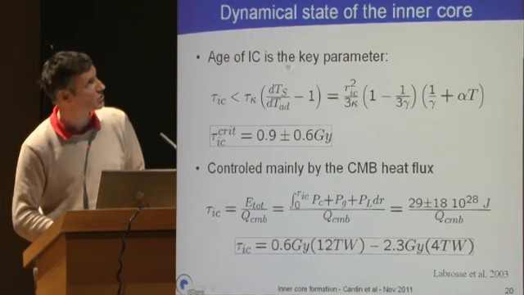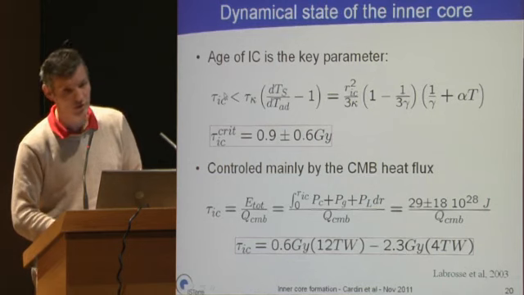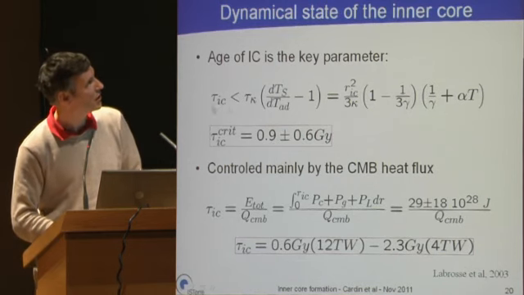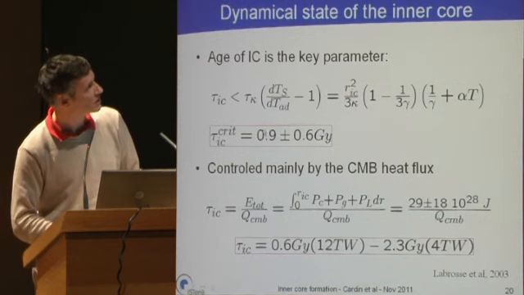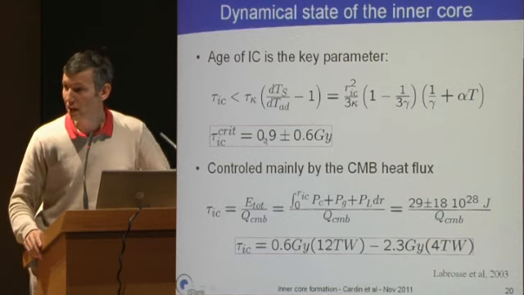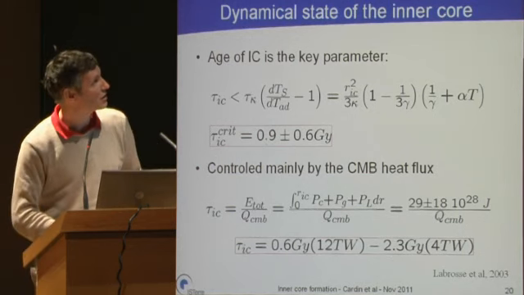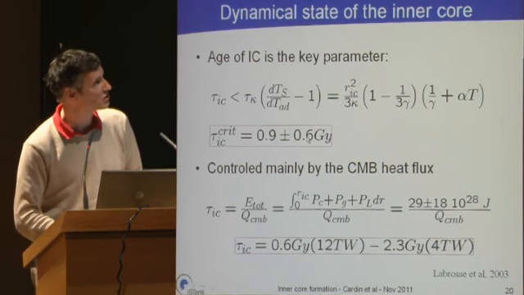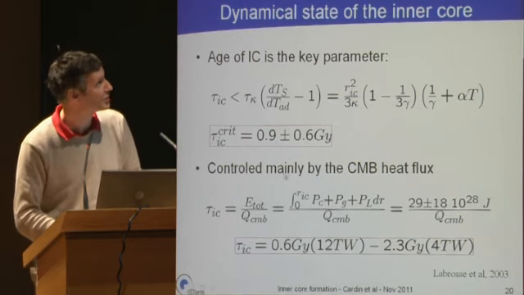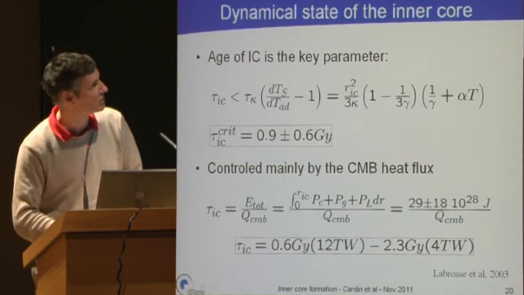So the critical age of the inner core, to see if there is thermal convection, could be given by this formula. And if you put numbers in this, we found that the critical age of the inner core is 0.9 gigayear, and there is a large uncertainty on that, because there is large uncertainty on these parameters.